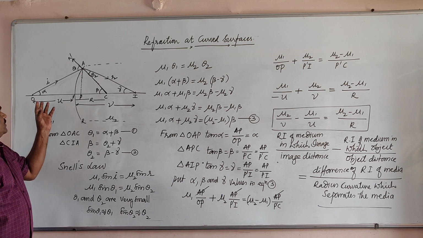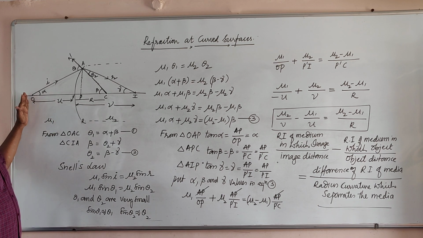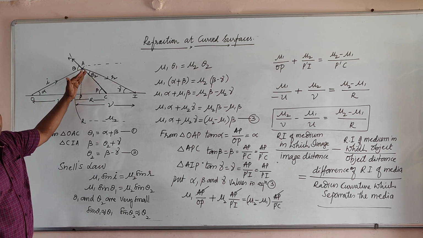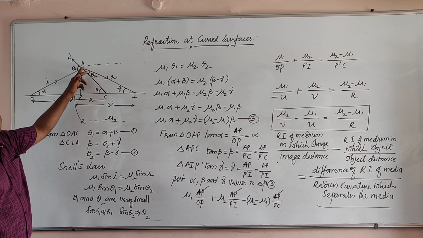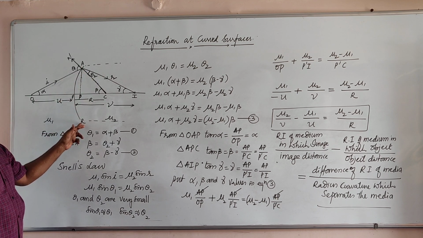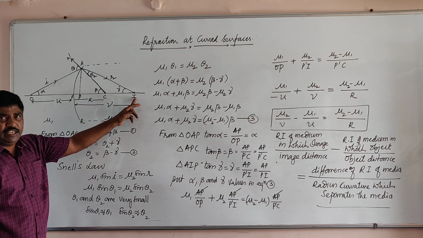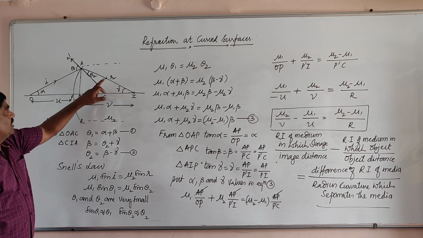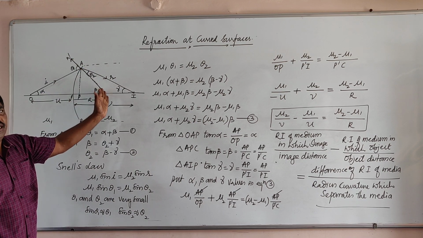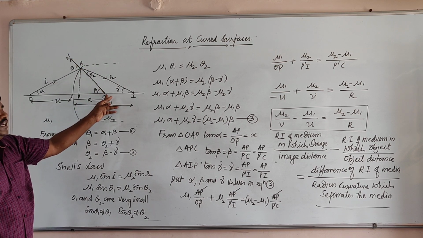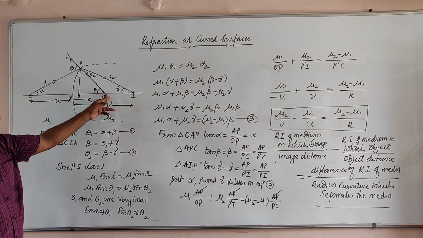It is a simple thing. Let us take one point object. From the point object the incident ray may be incident on the lens, the curved surface, and the ray which refracts is incident at the eye. This incident ray and refracted ray are divided by a normal line, the normal line which joins the center of curvature.